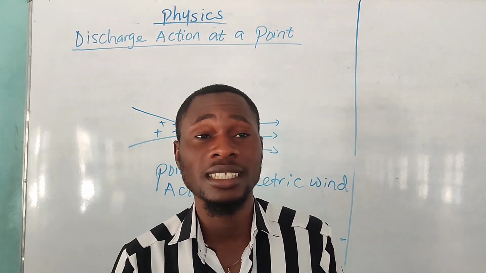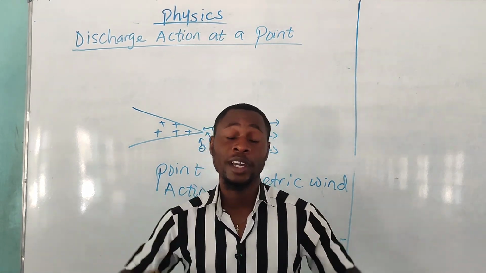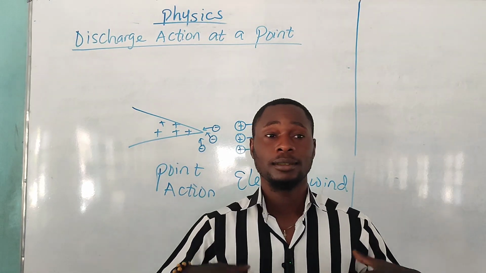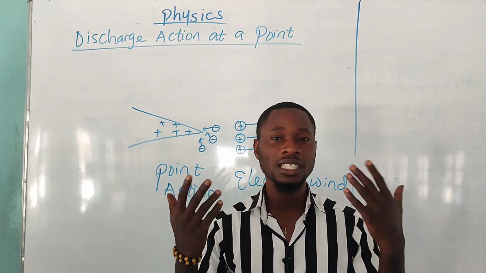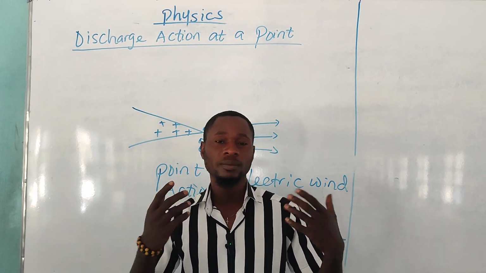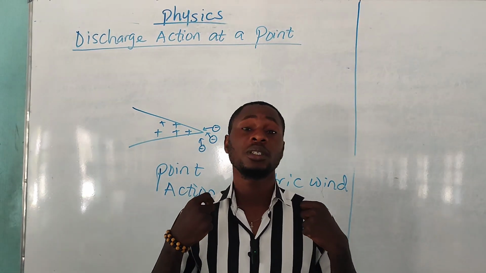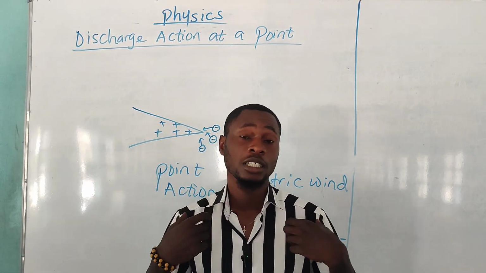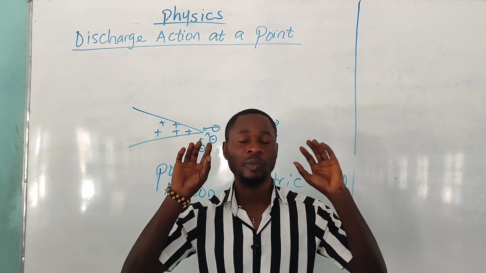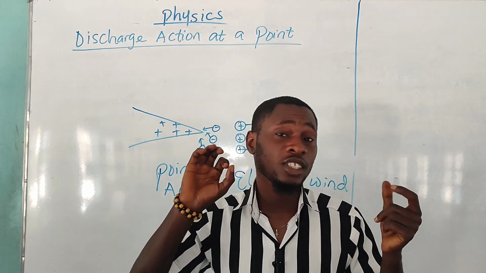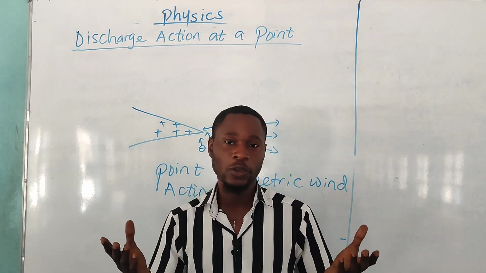You will notice that on a dry day, especially during the summertime, when you wear your sweater and you're in a dark room and you're trying to pull the sweater off, you notice that there is this kind of strong attraction between the sweater and your body. And when you try to pull it, you begin to hear some crackling sound. And in some cases, you begin to see some little light.